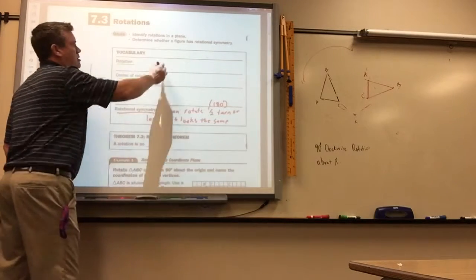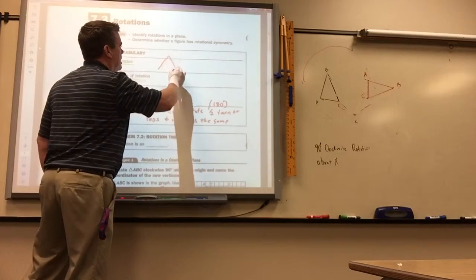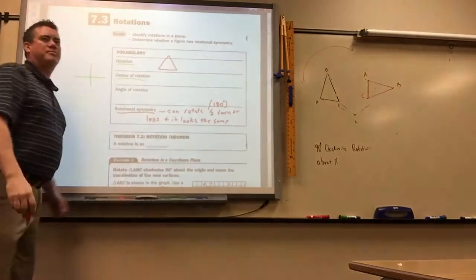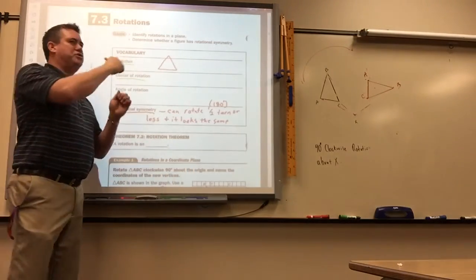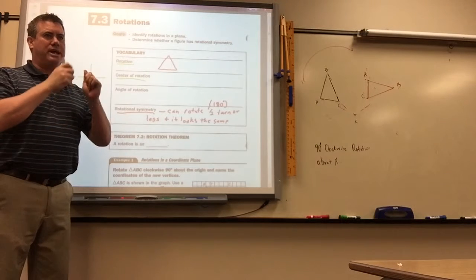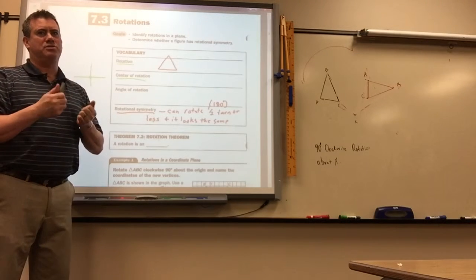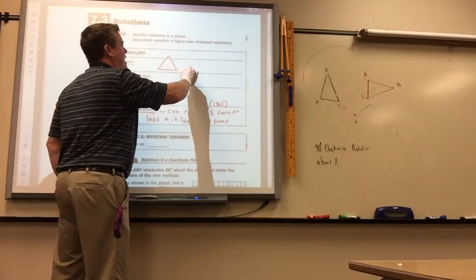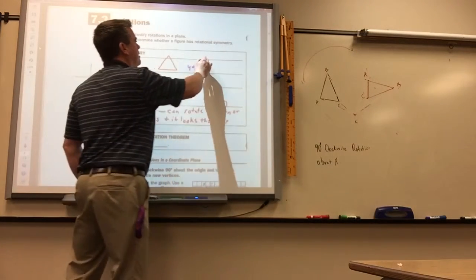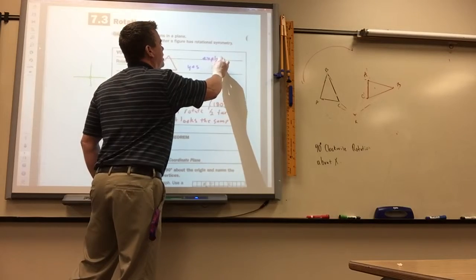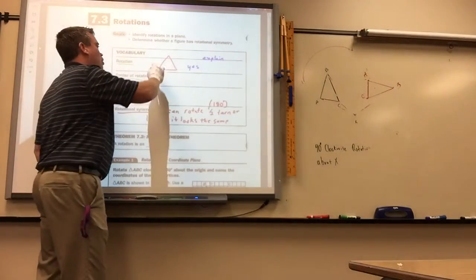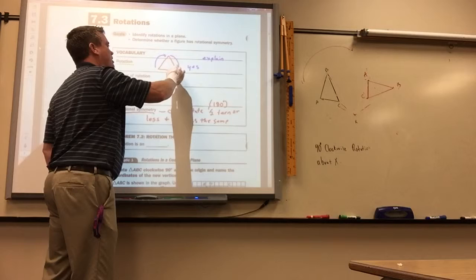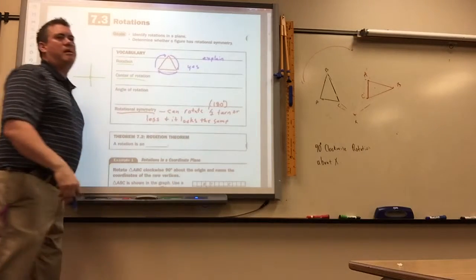So, I'll do a simple one, an equilateral triangle. If I were to turn this, could I turn it a half turn or less and it would look the same? Yes. So this would just be yes. And then when they say to explain, you just have to say how many degrees you have to turn it. What fraction of a turn is it going to take before it looks the same?